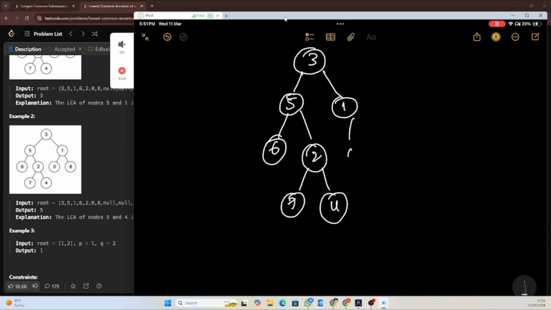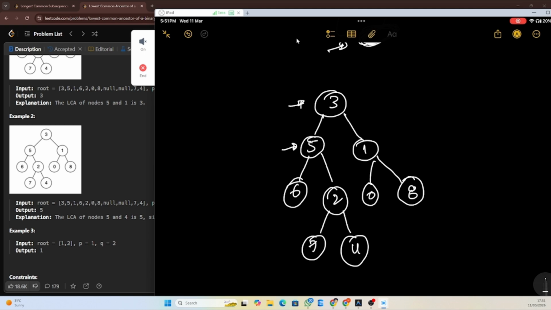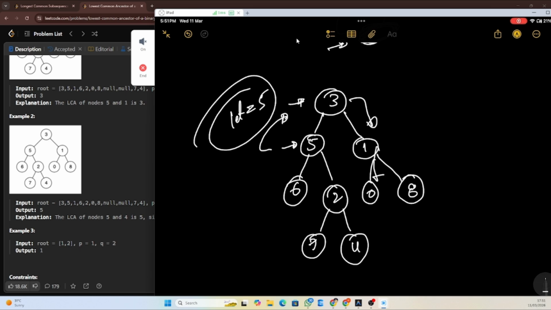Okay, let's dry run the code. You are at root. You went to left and you found the element 5. So what do you return? You return this particular pointer 5. Then you come to the right, you go to the left, and it returns nothing, null.